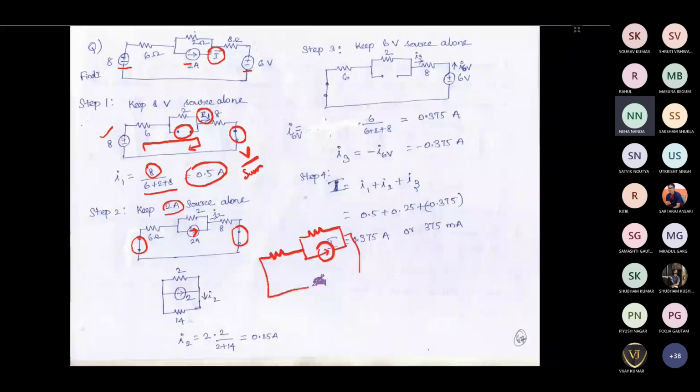This is 14 ohm, this is 2 ohm, and this is the 2 ampere source. So the current will be flowing through this path. If you redraw this circuit further, you can redraw it like this.